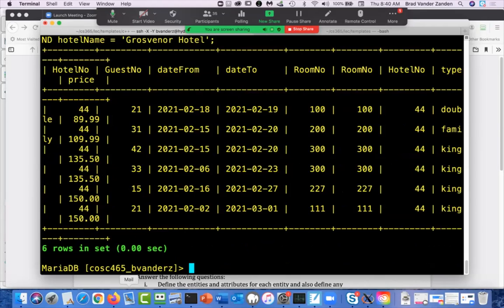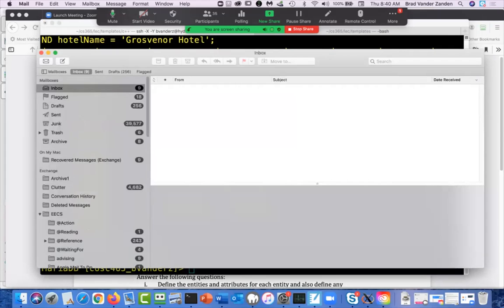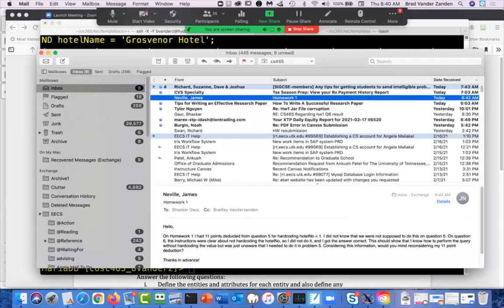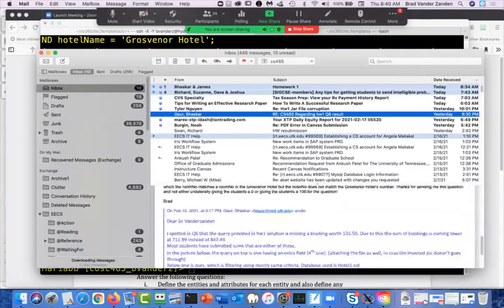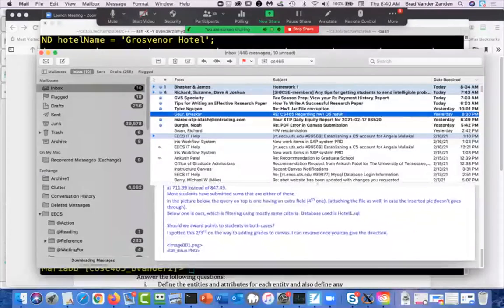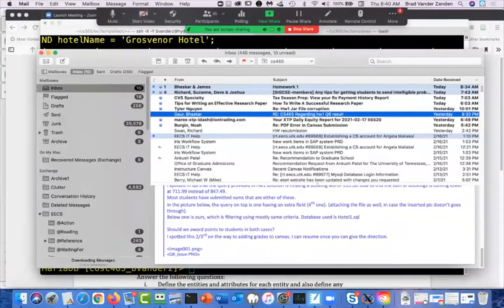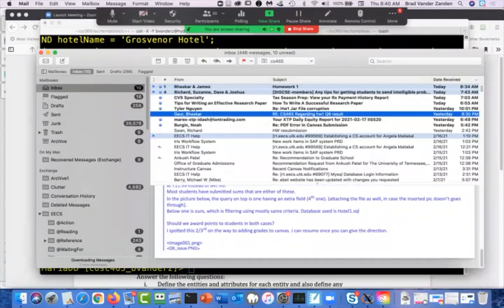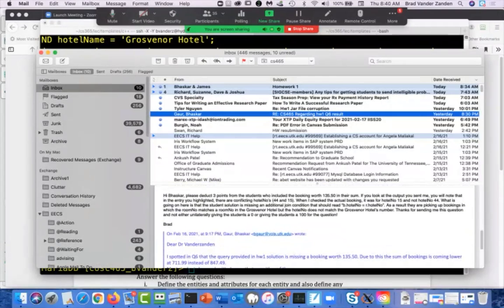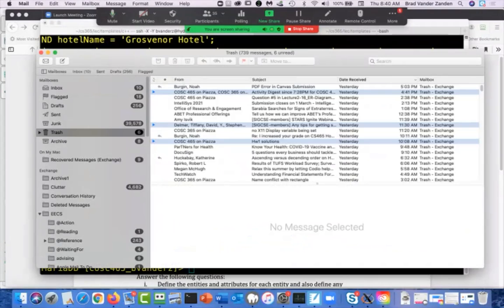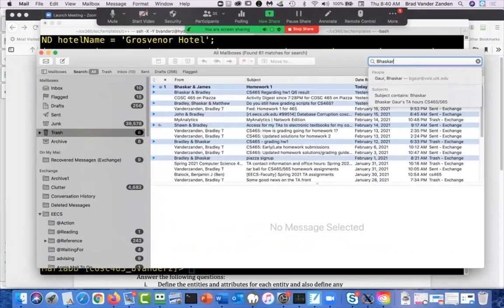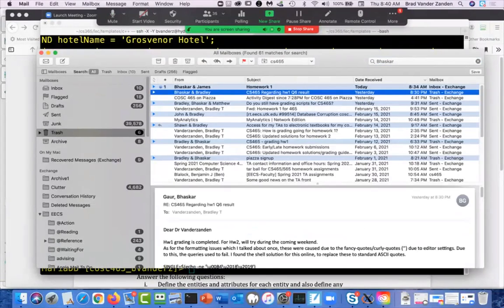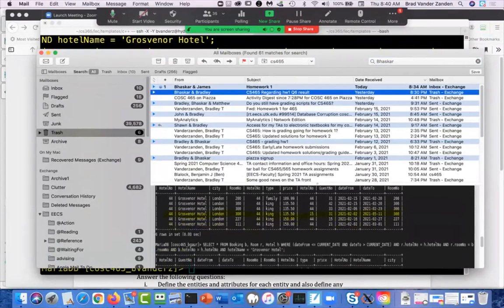So what I'm going to do, sorry, it's hard to see. So I'm going to show you the result that Bhaskar sent me, because that's probably the easiest way to see it. And I need to find the, there we go. Okay.